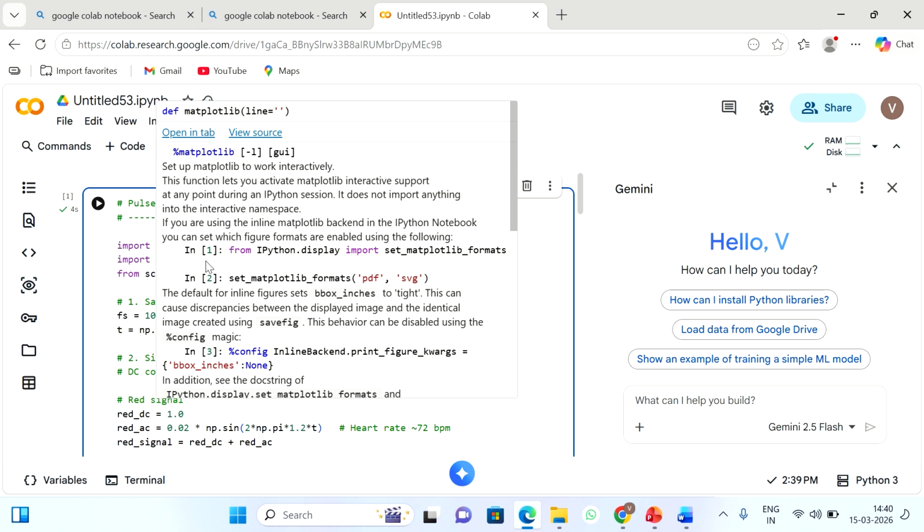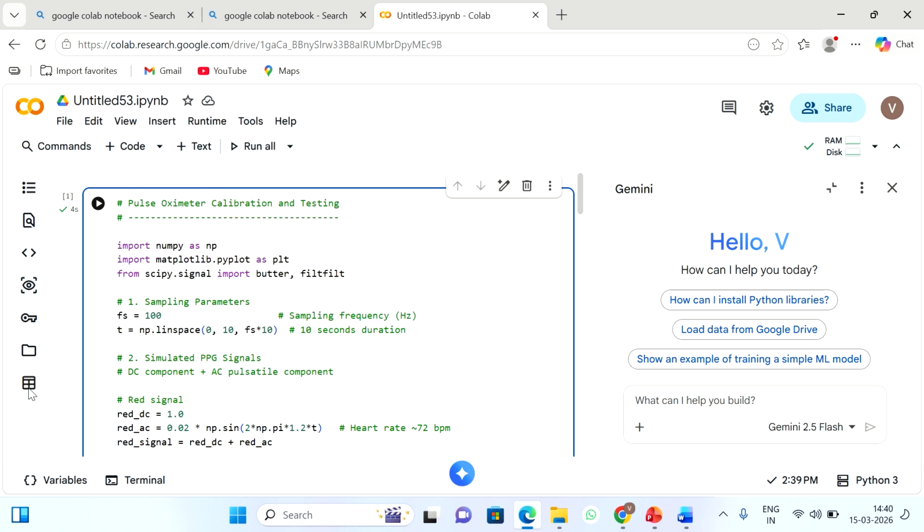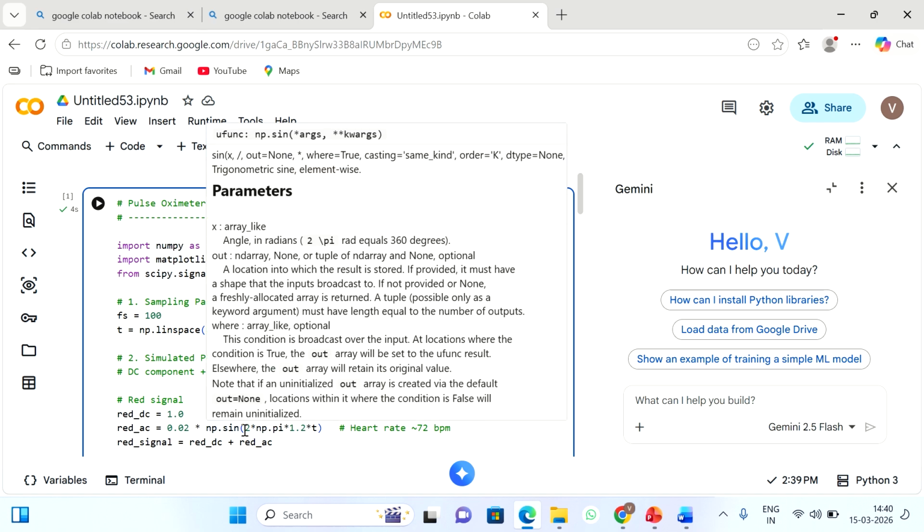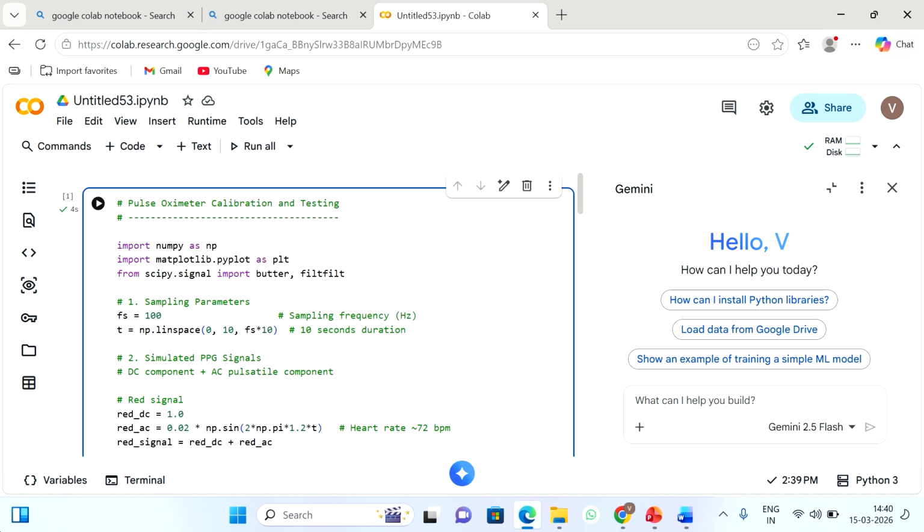Here, to simulate a pulse oximeter system, we have to process red and infrared PPG signals, and we have to estimate SpO2, that is the oxygen saturation level. This experiment simulates red and infrared PPG signals. Then it adds noise. Then it filters the signal. Then it calculates AC and DC components.